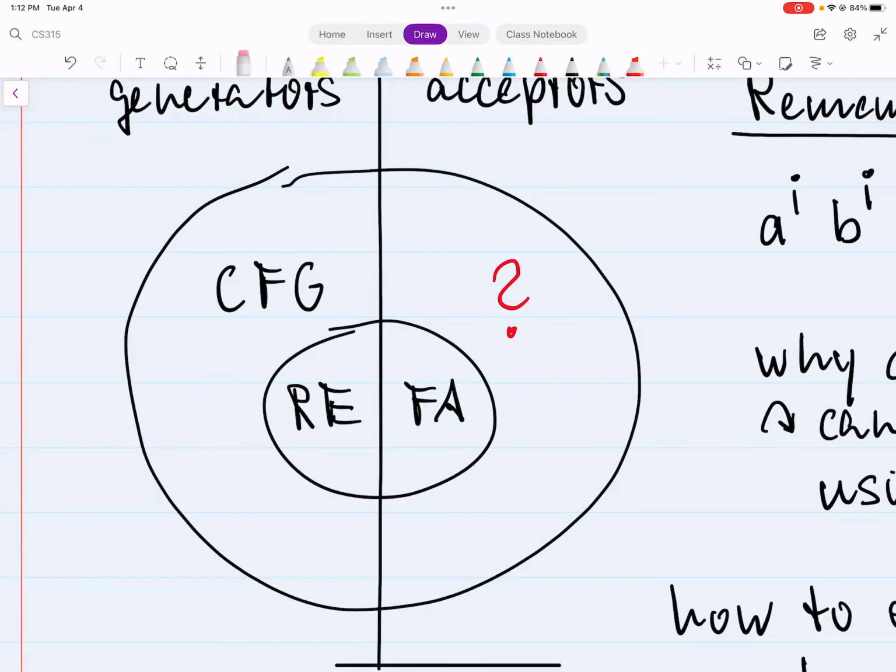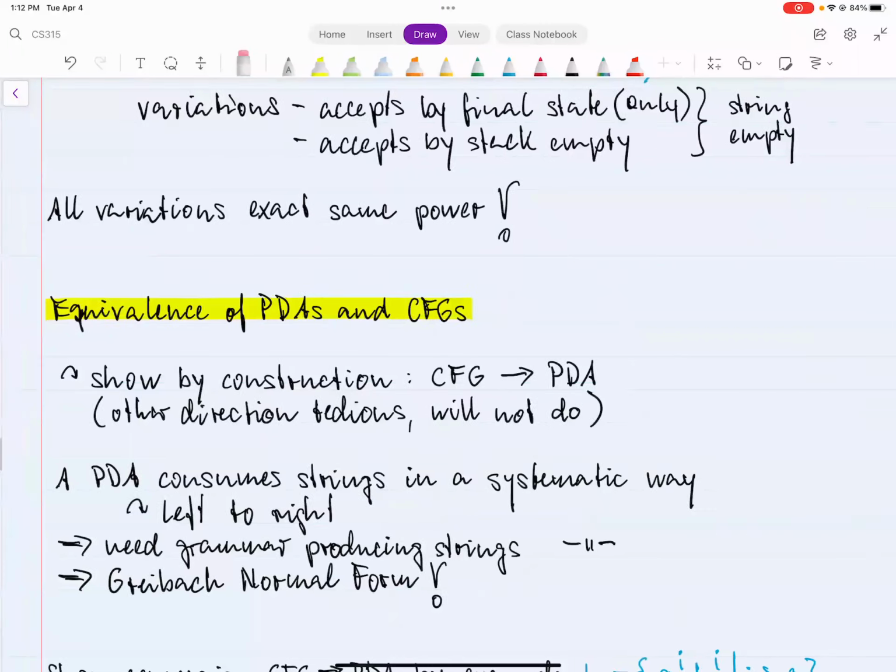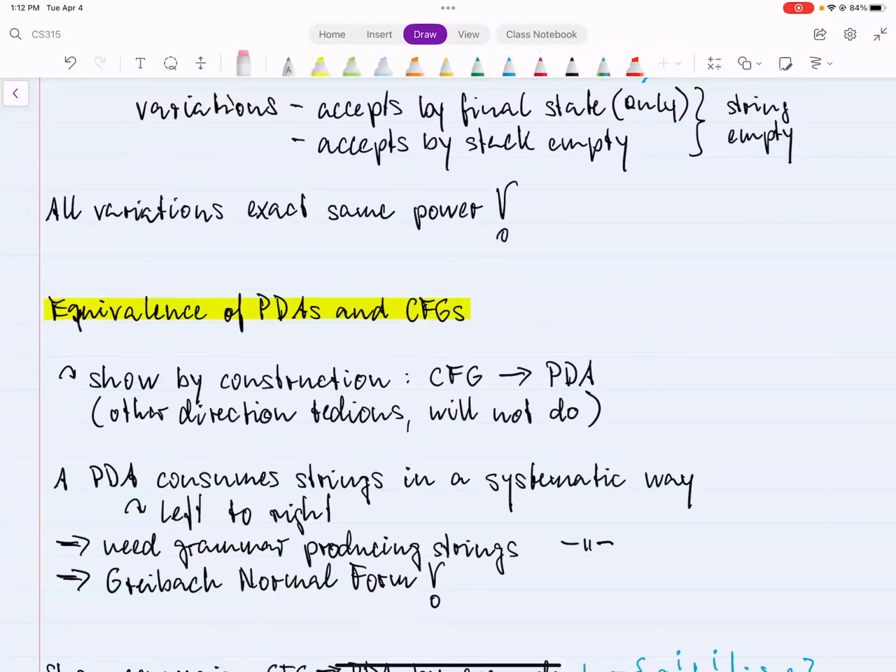Okay, so let's get back to that equivalencies thing. And remember, we have done that several times. We have shown equivalencies by coming up with something by construction. And here we are going to do the same thing.